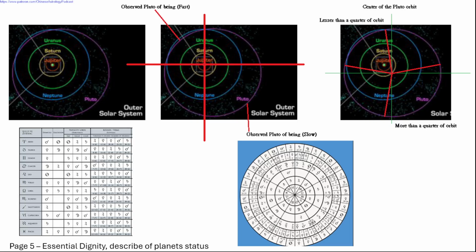Hence, from the observation from the Earth, some planets look like they are moving so fast in some direction of the universe, which is denoted as good status because the energy is flowing smoothly, and the Babylonians named it ruler. By considering all of the classical planets, the essential dignity is formed and inherited to modern times.